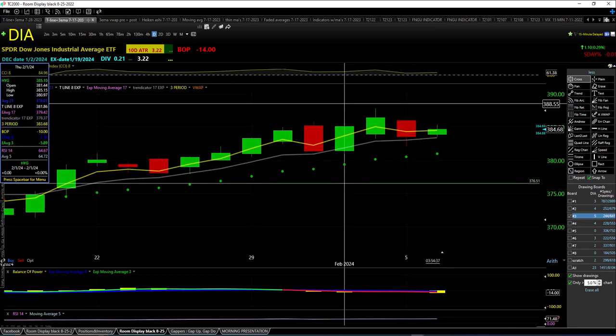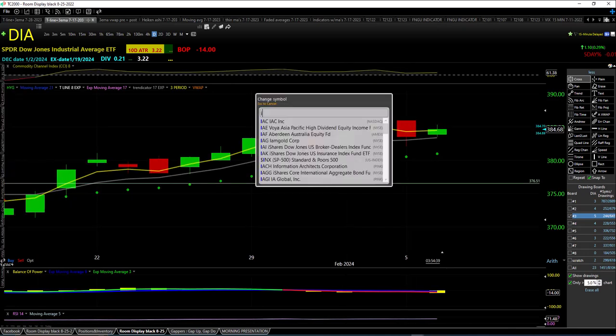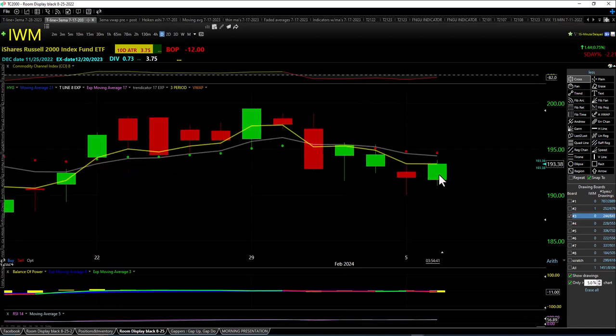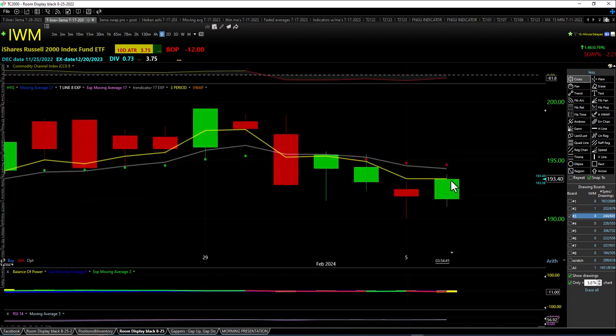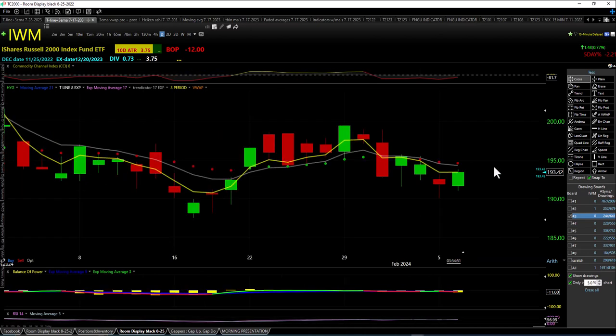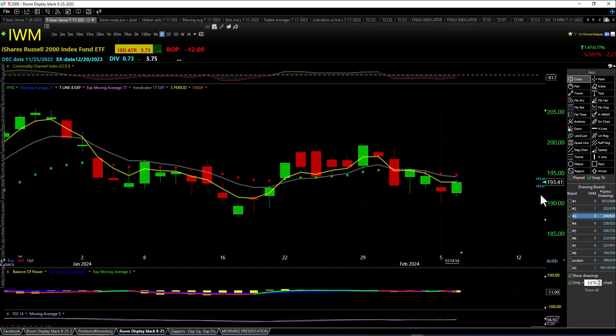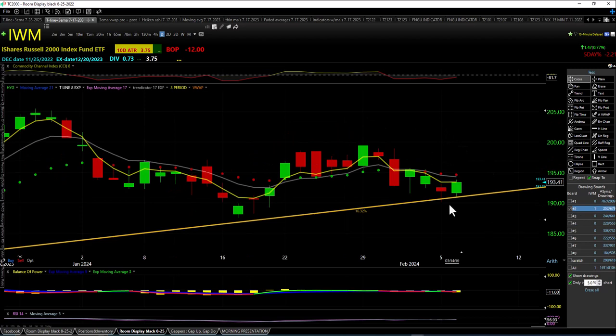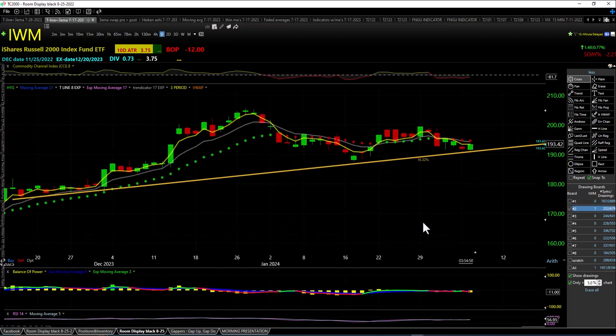Still bullish, closing over that bullish trap. IWM. IWM with a higher low and a higher high, closing inside the 3/8 trap. It's a bearish trap, and it's underneath the trend indicator. So there's IWM closing above the uptrend line that we have here.